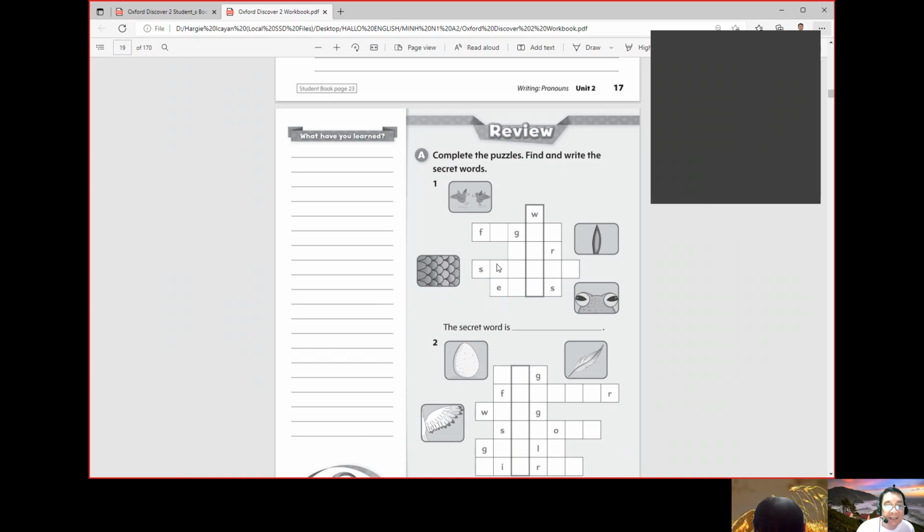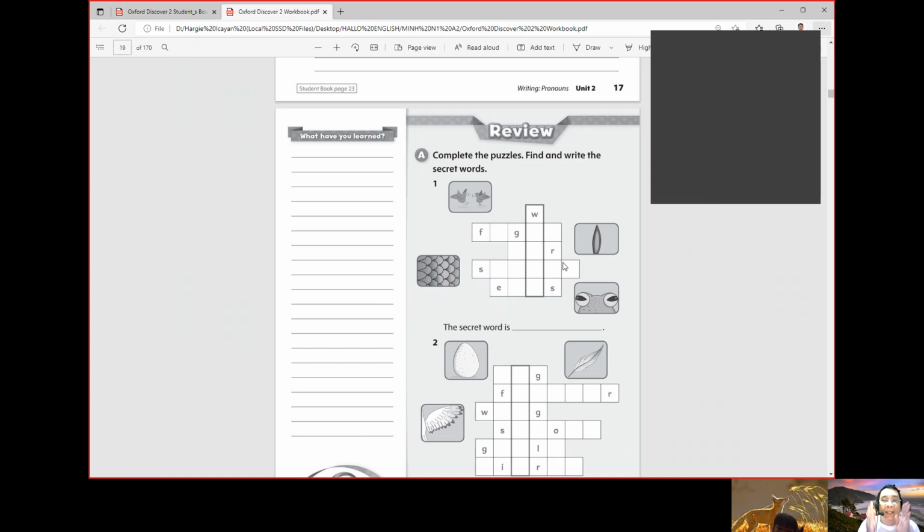Scale, so S C A L E S. Then what about this one? Fur. F U R. That's correct. What about this one? Fight.